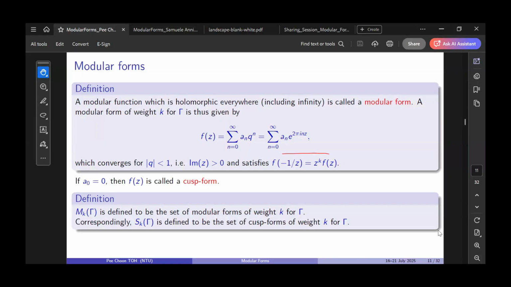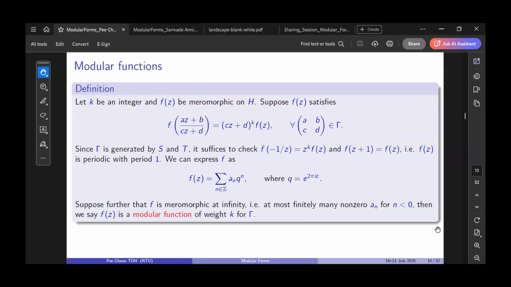As I have explained before, if we express the function in this form, then the condition is always satisfied, which means the only condition left to consider is this.